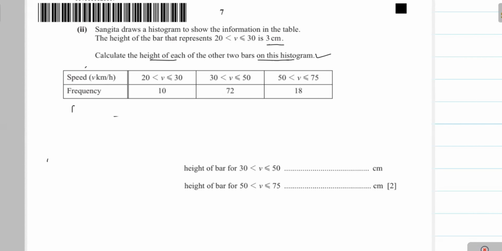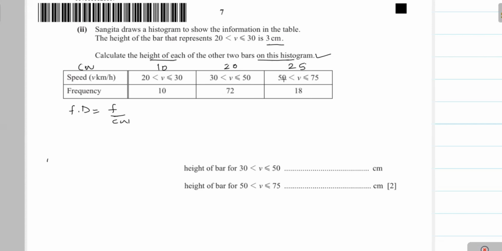The frequency density formula, you know, is frequency divided by class width. Therefore, firstly we will calculate the class width of each interval. The class width of the first interval here is 10, next is 20, and the next interval 50 to 75 is 25.